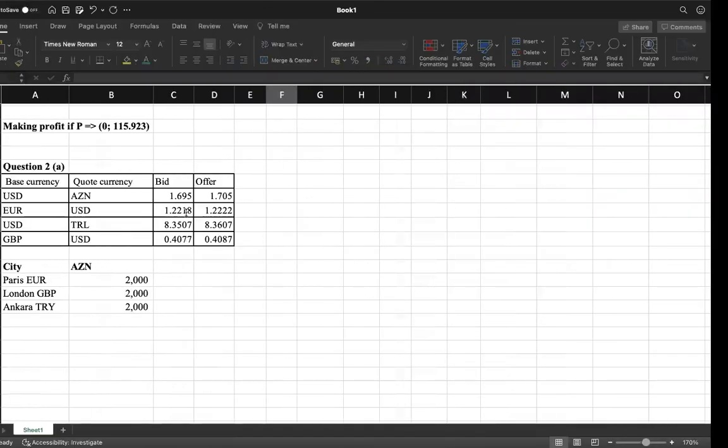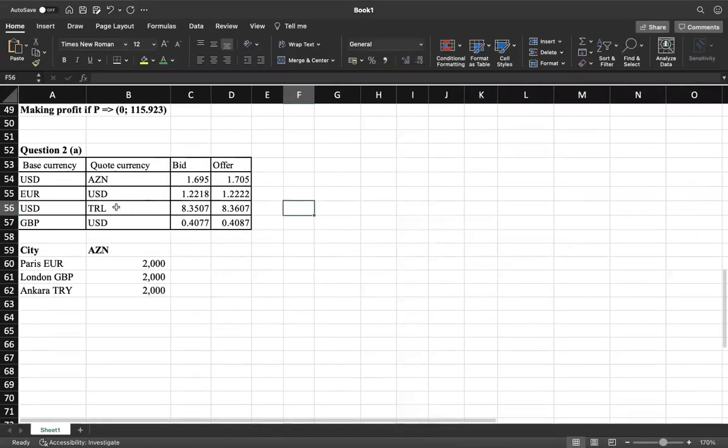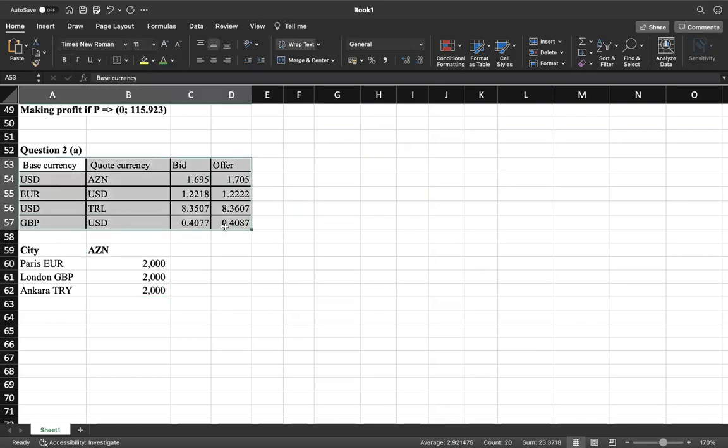The hint says we don't have any currency quotations for Euro, GBP, and Turkish Lira against ASEAN. Therefore, the question is suggesting that, firstly, we should convert our ASEAN to USD, and then using these quotations, we can convert to the currency we are looking for.